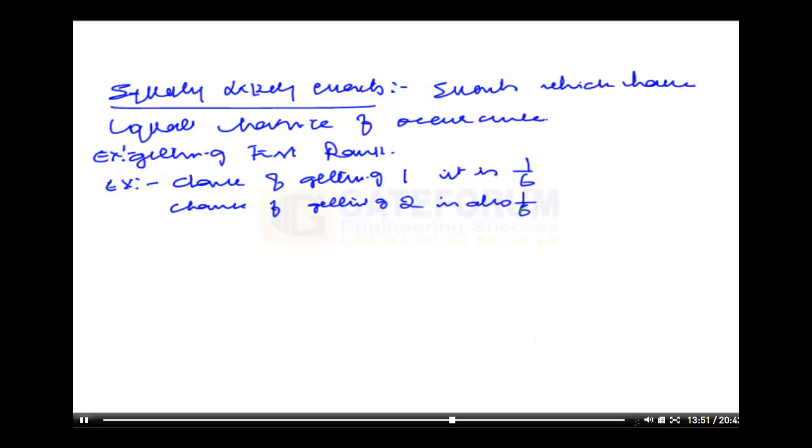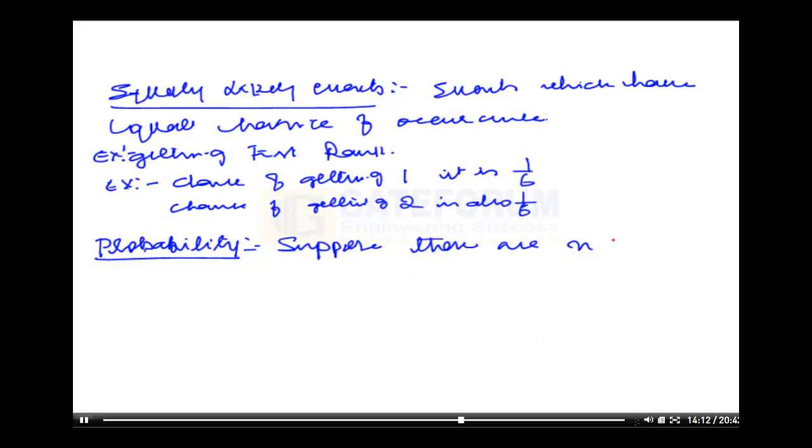Now, after learning this, we can see what probability is. Let us write probability.